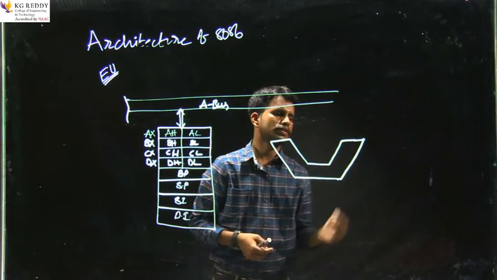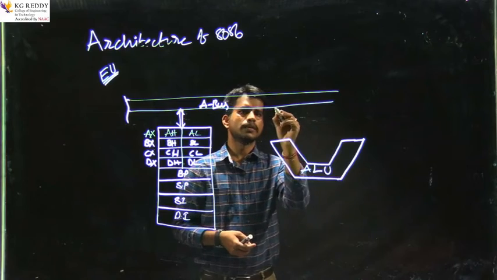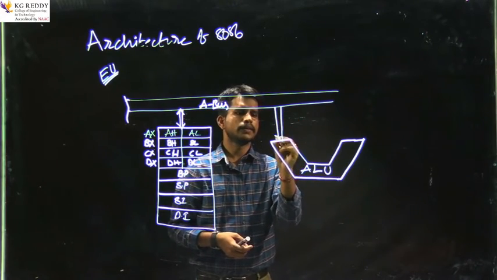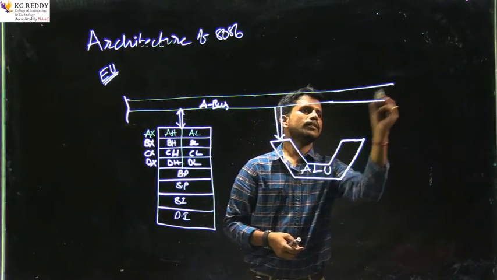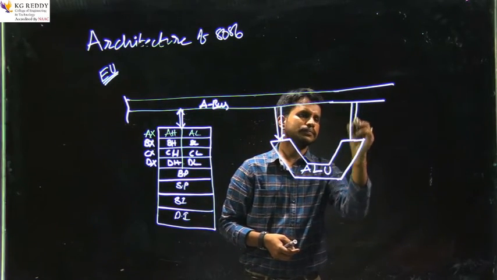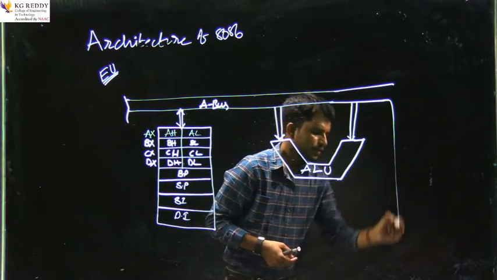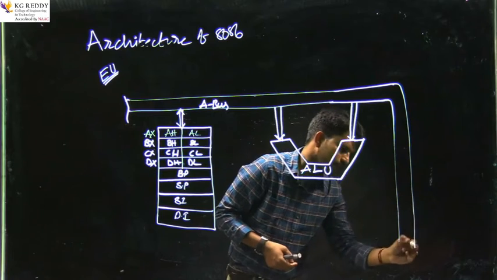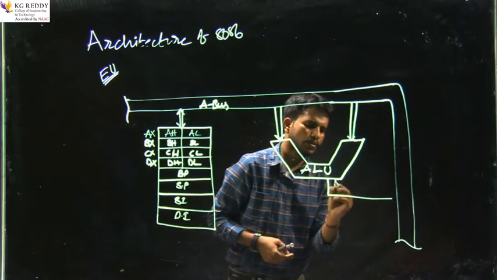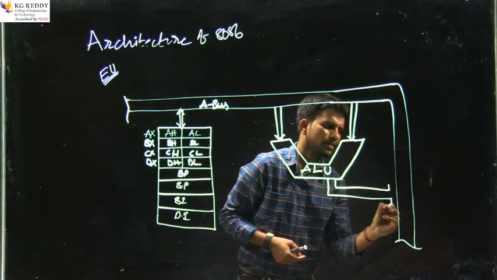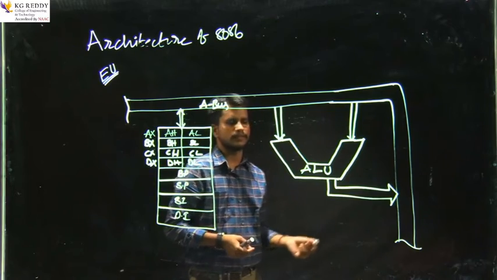The ALU takes 2 operands as inputs from bus A, and the output of the ALU is again given to the A bus for further processing, maybe for storage, or to send to permanent memory, or to transfer data to the external world.